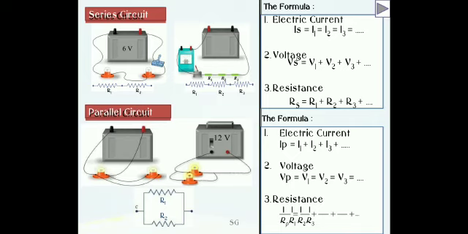We already know in a series circuit the currents are the same and the voltages are different. So the electrical current formula: IS means the source current, or the total current. IS is equal to I1 is equal to I2 is equal to I3. Means the current flowing through each resistance is the same.